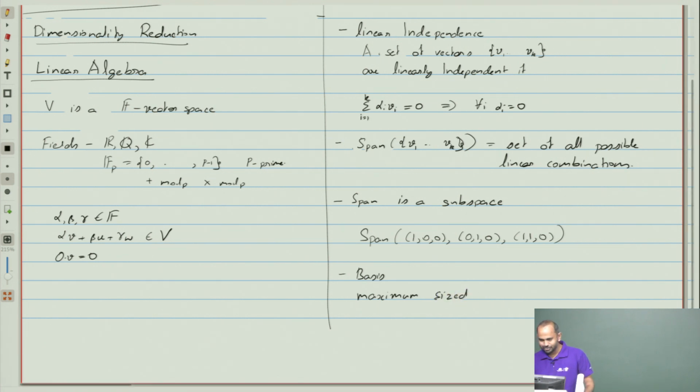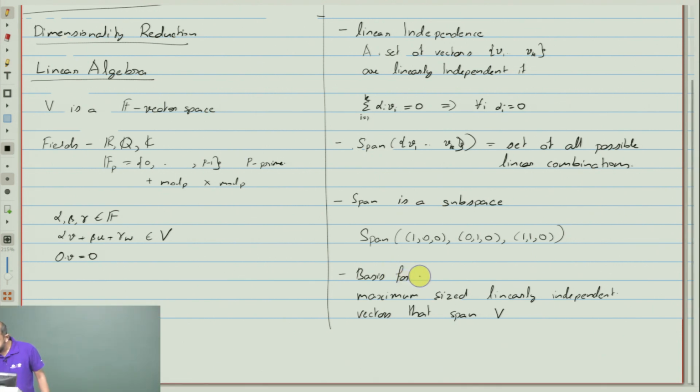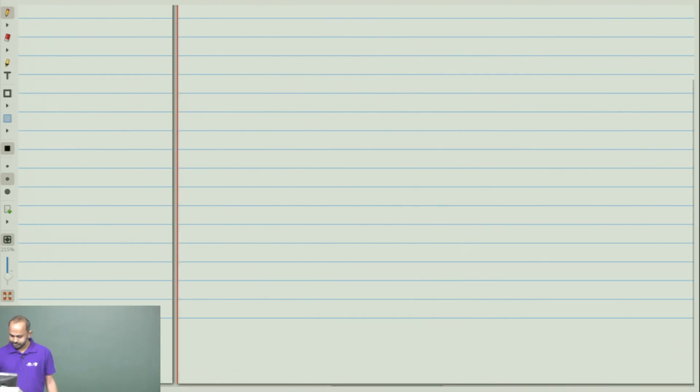Definitely, maximum sized is correct. Maximum sized linearly independent vectors that span V. So, we say a basis for the vector space V.